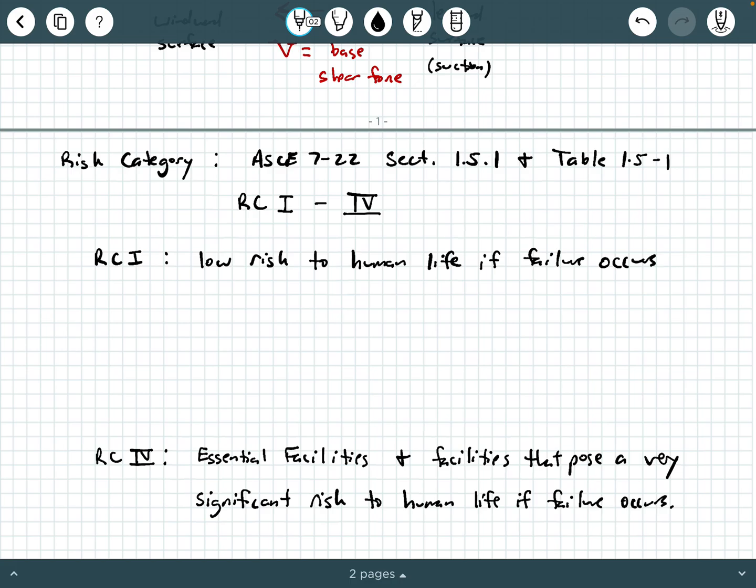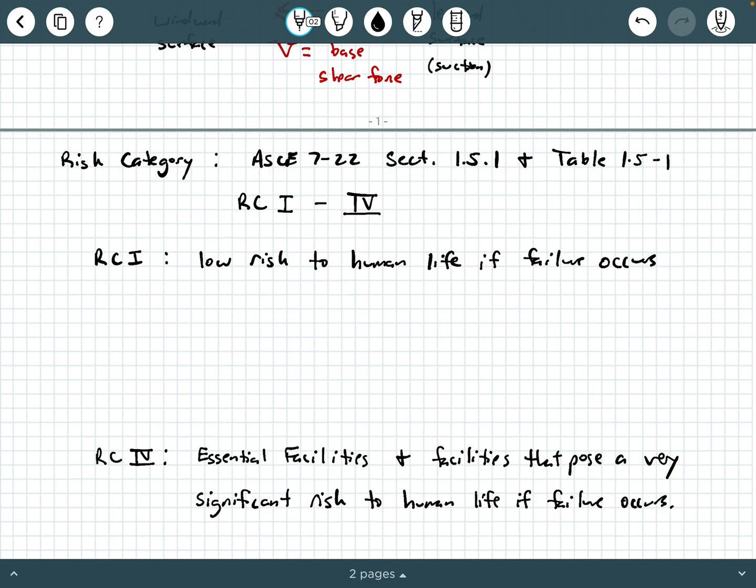So, for example, if you have a warehouse in a downtown of a city that's housing flammable chemicals, or a lot of combustible materials, and the structure itself fails, those chemicals could pose a risk to nearby human life. That would be an RC4, a risk category 4 facility as well, okay?